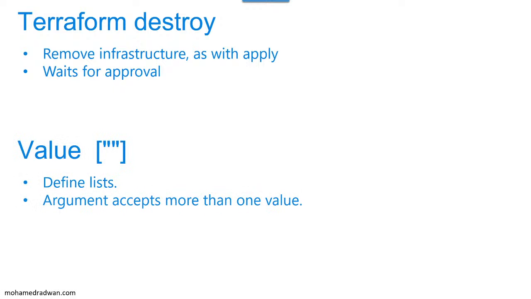We also have the value, which defines a list. When you see square brackets, this defines a list, and a list is just a sequence of comma-separated values. When you see square brackets around an argument, it tells you that this argument accepts more than one value.